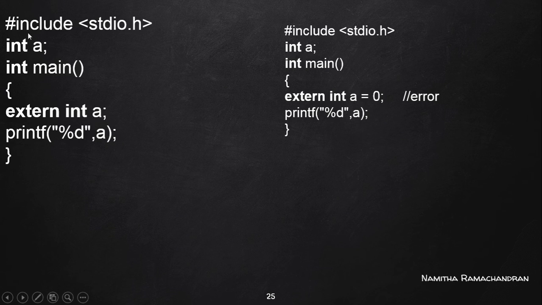So consider this particular program with the int main function, in which we have a global variable a. While executing this statement, what does the compiler identify? The compiler identifies that this int a is associated with the keyword extern.